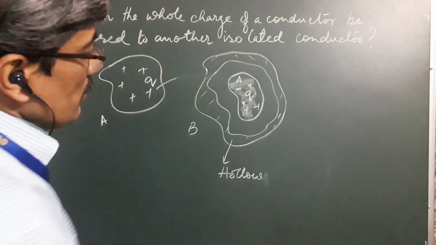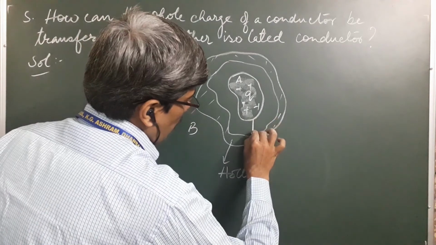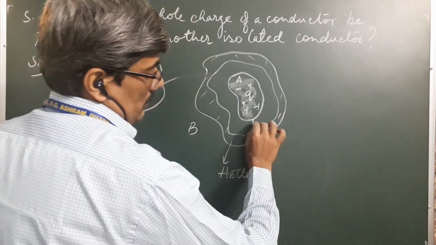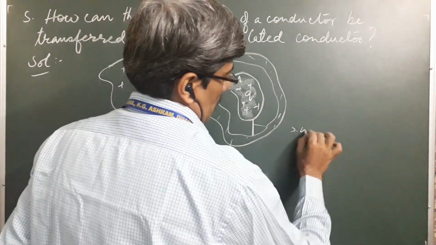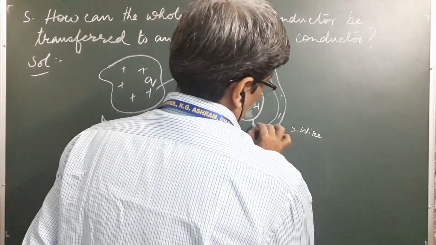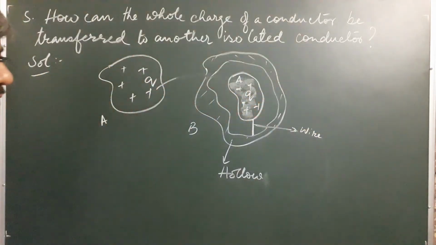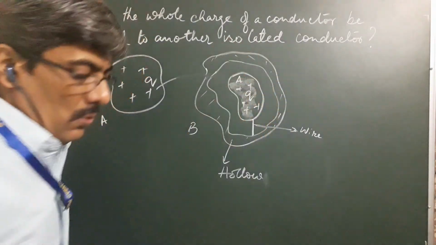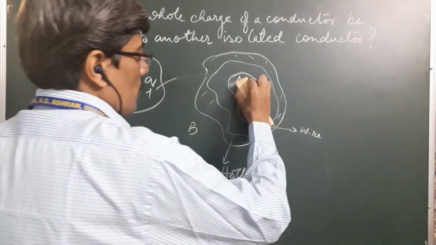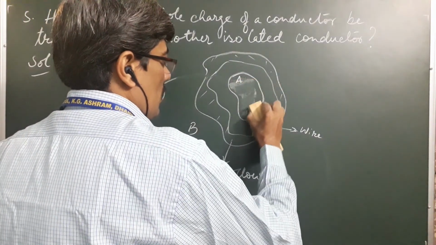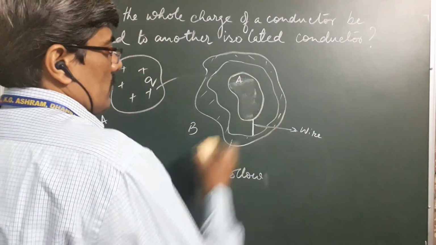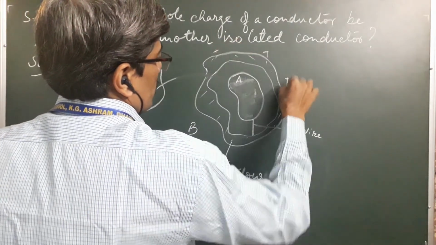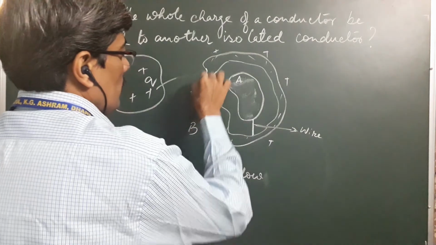Now what you do is connect this conductor with a wire. If you have a provision like that, the entire charge will now shift to the outer conductor. The entire charge. Why is this so?